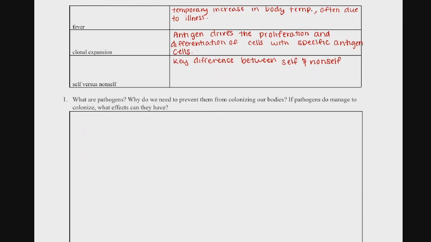But to remind you, an antigen is any substance that induces the immune system to produce antibodies. So antigens can come from the outside or they can come from within ourselves.